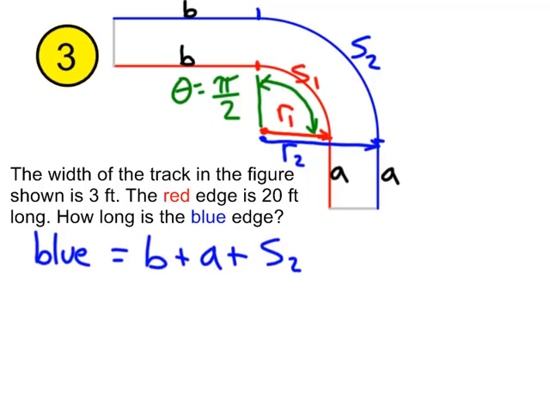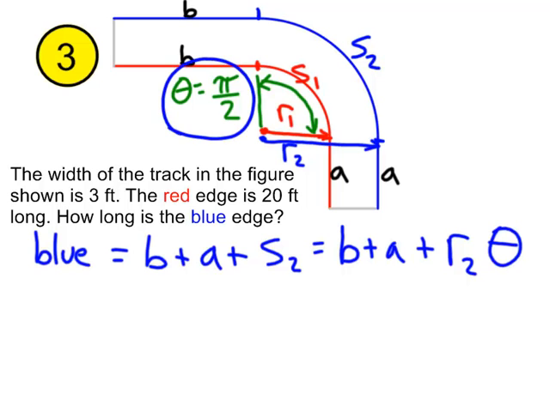And of course, using our S equals R theta formula, I could also write that as B plus A plus R2 times theta. Now we know what theta is, right? We know theta is pi over 2, so let's go ahead and plug that in. And this looks ugly and intimidating, but I promise you it'll clean up to find this problem is not nearly as bad as we think it is. That's what we're supposed to find.